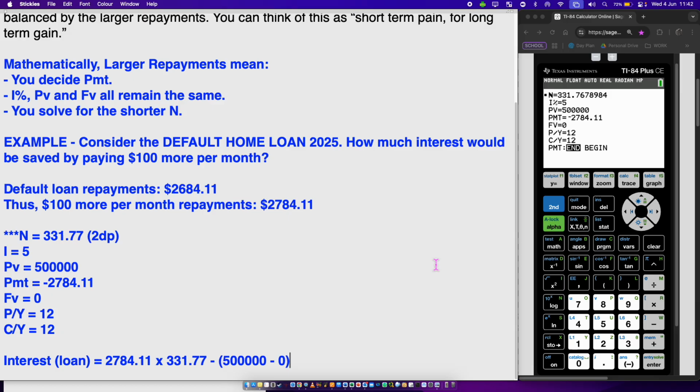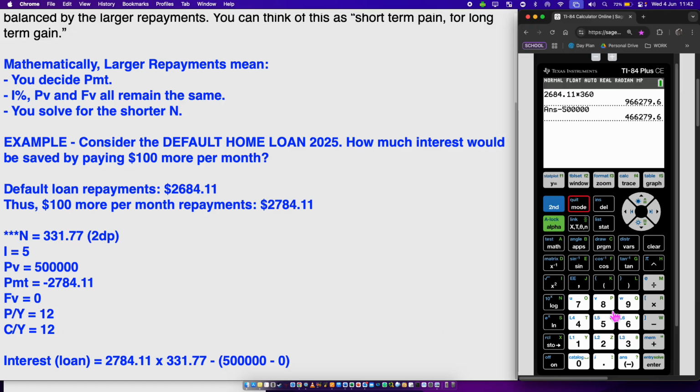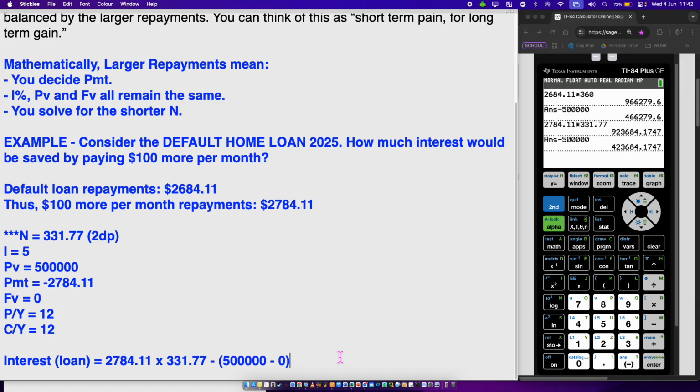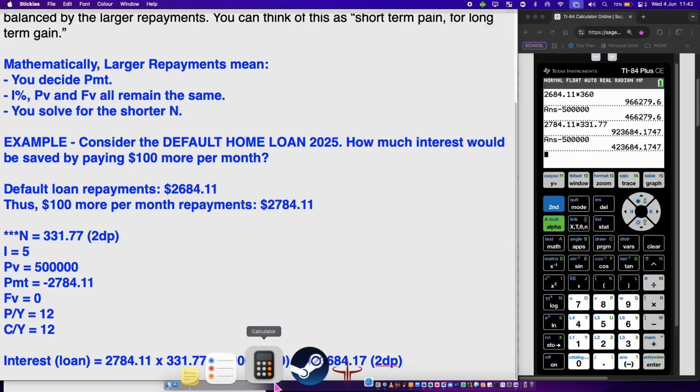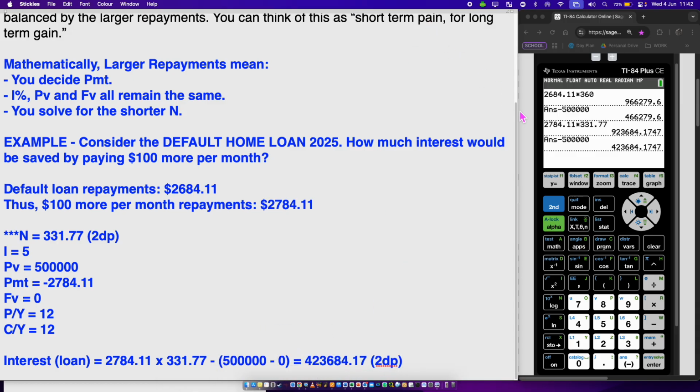Let's have a look at that. 2784.11 times 331.77. Take away 500 grand. Now I'm only paying $423,684.17 to 2DP.